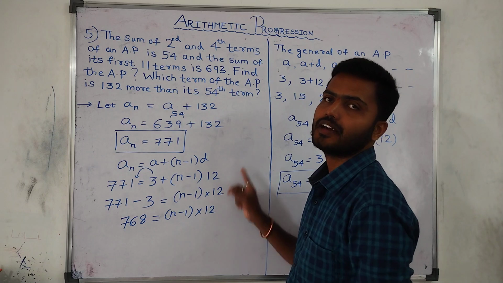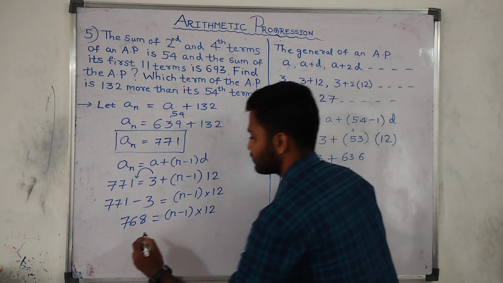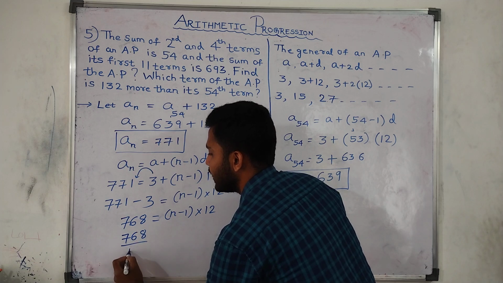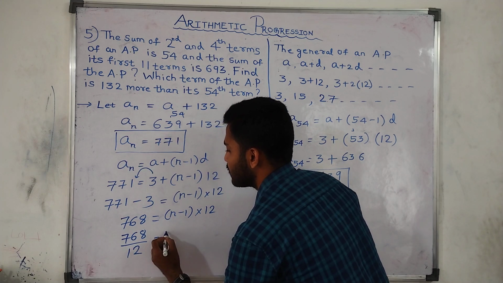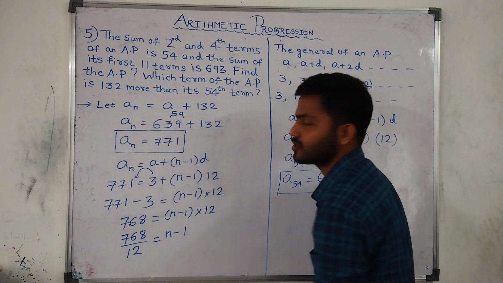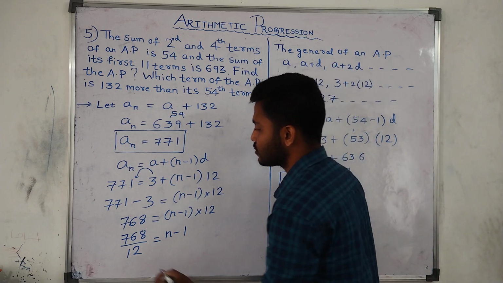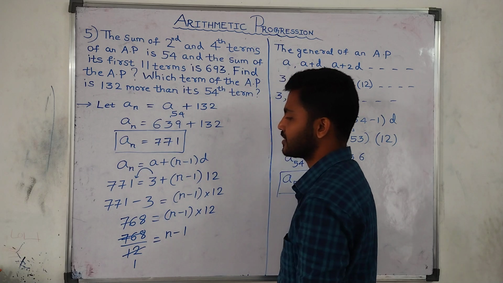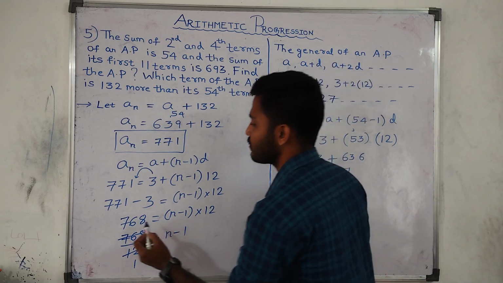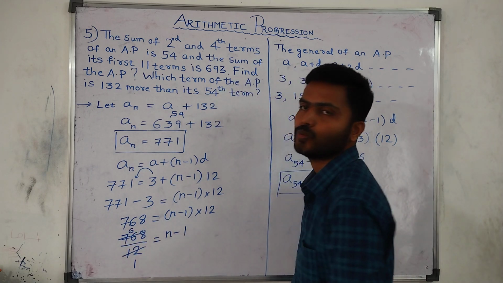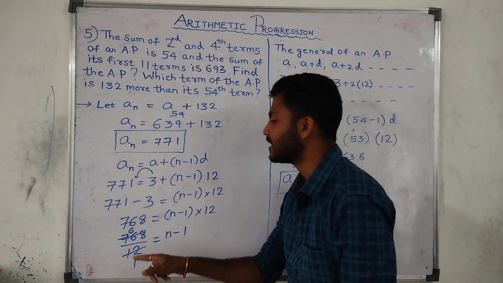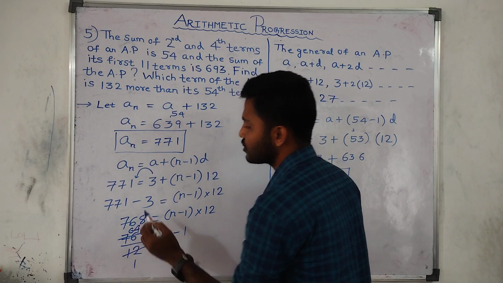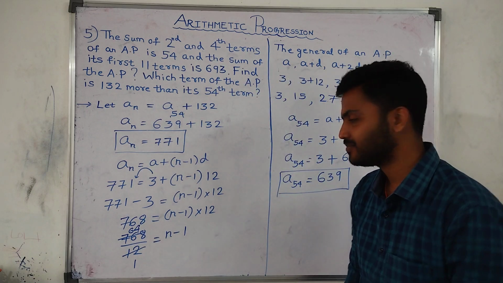So now I don't want this 12, I'll send it on the other side. So 768 divided by 12 is going to be equals to n minus 1. So let us try and solve this. 12 sixes are 72, 12 sevens are 84, 12 sixes are 72. Correct? So 76 minus 72, it's 4. So now this becomes 48. 12 fours are 48. Correct?